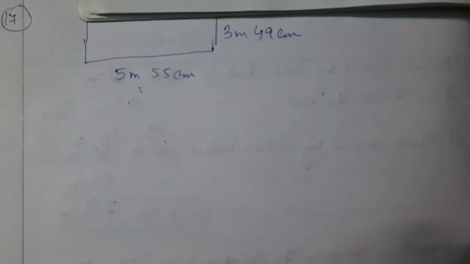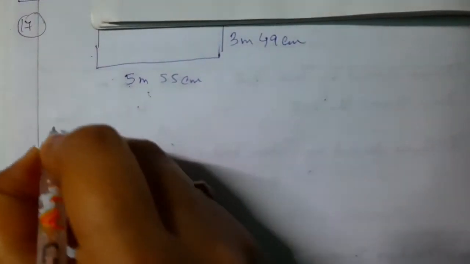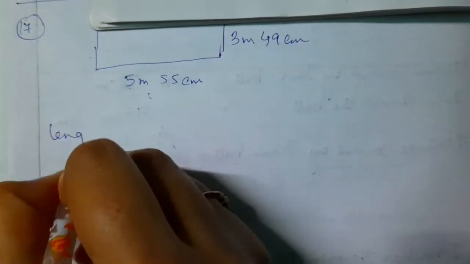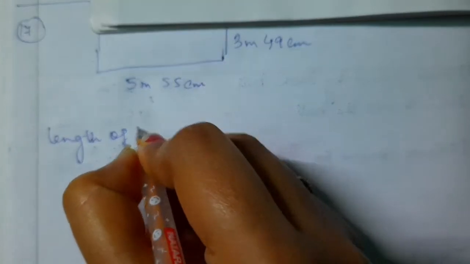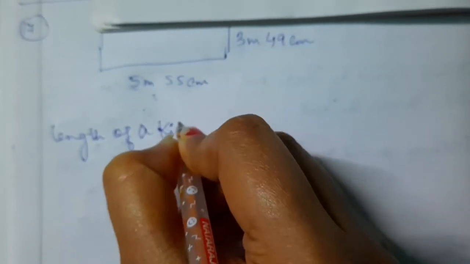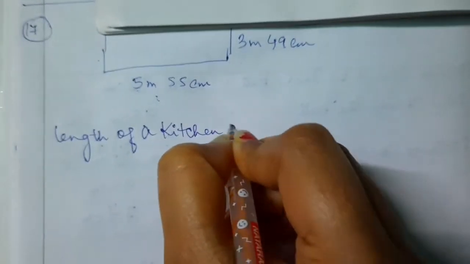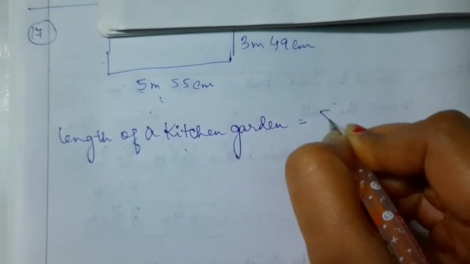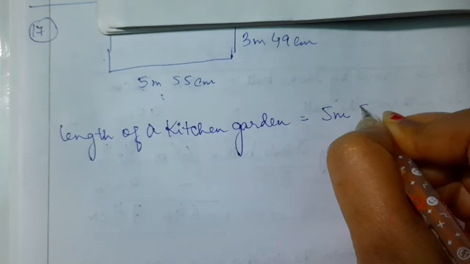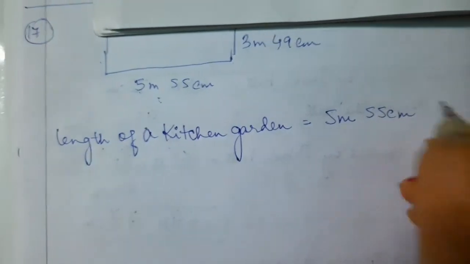The statements will be same: length of the kitchen garden and width of the kitchen garden. Length of a kitchen garden, 5 meter 55 centimeter.